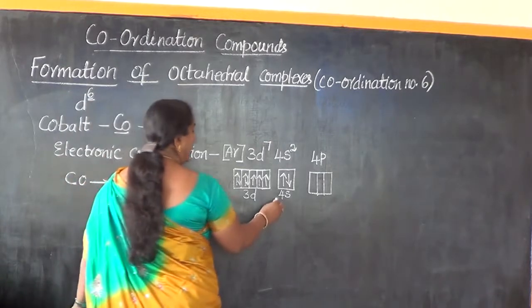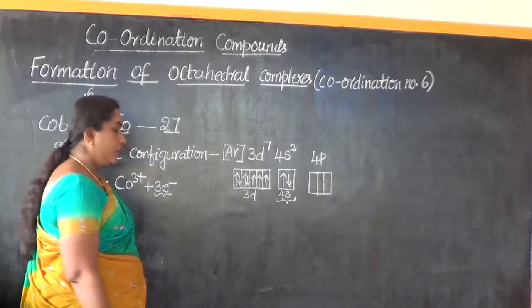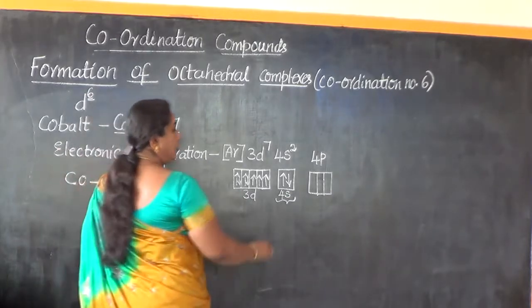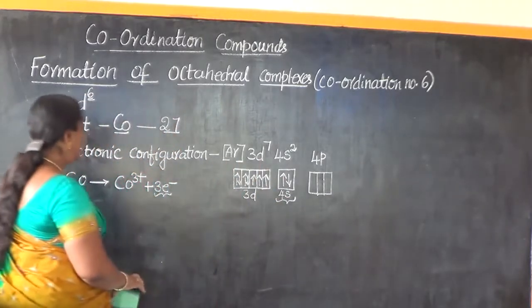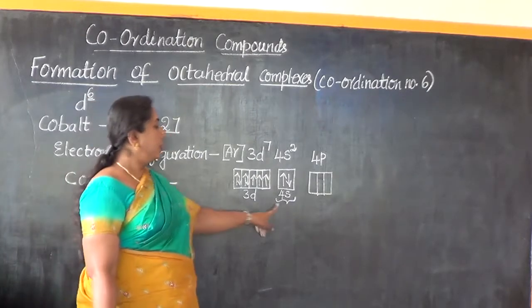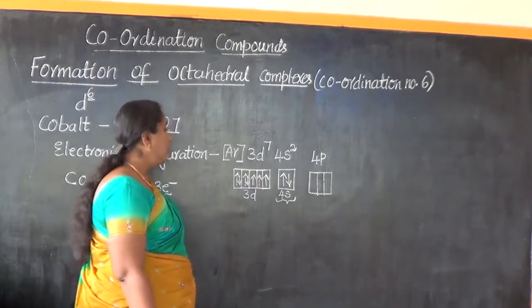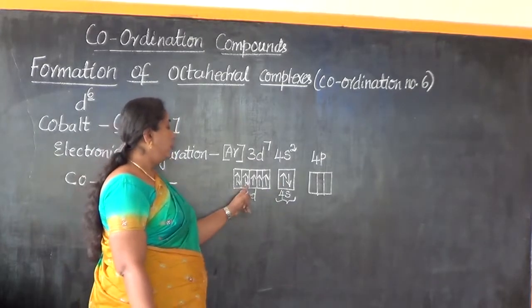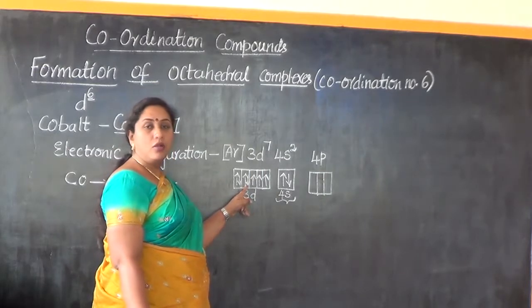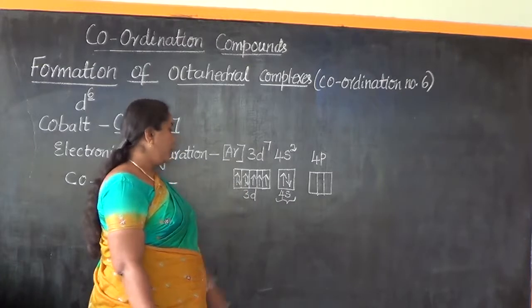The 2 electrons from the 4s orbital will be removed. That means once this Co becomes Co3+, it will not contain any electrons in the 4s orbital. The next electron to be removed is a paired electron from the 3d orbital.